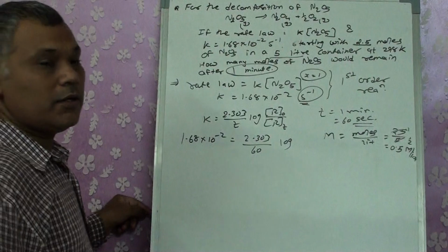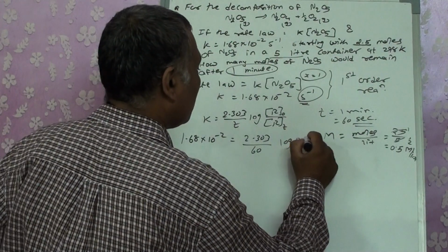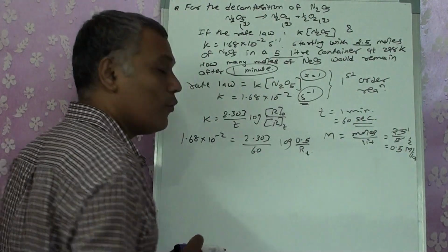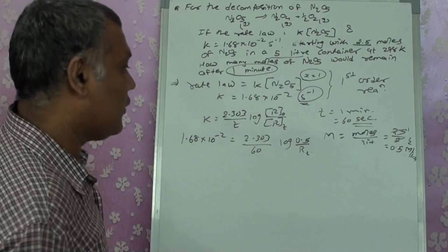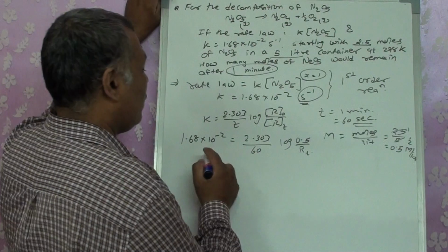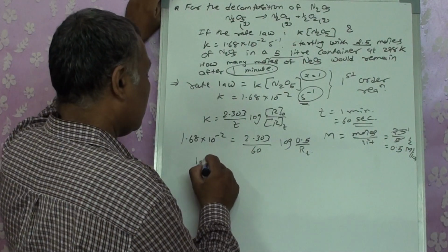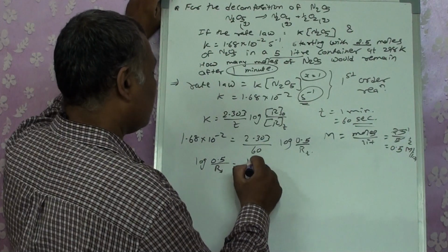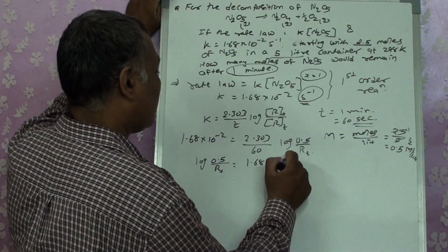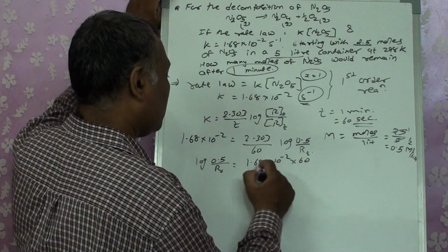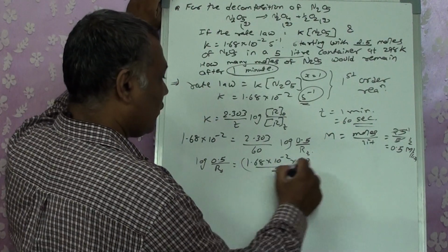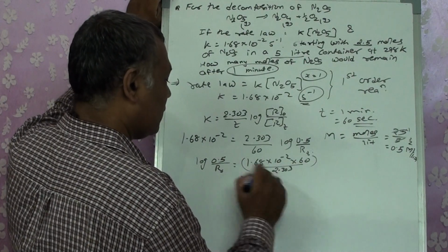The initial concentration is 0.5, and we want to find out the concentration at a given time. For simplicity, log 0.5 upon RT is equal to 1.68 into 10 raised to minus 2 into 60 upon 2.303.